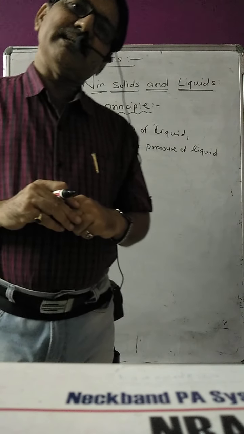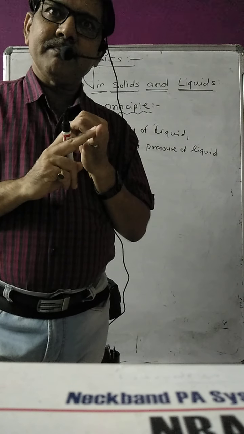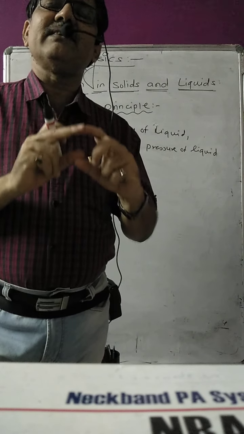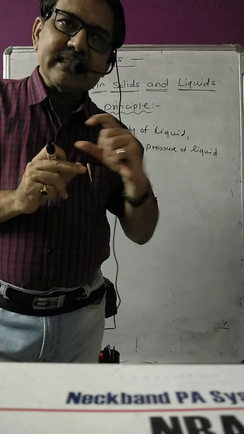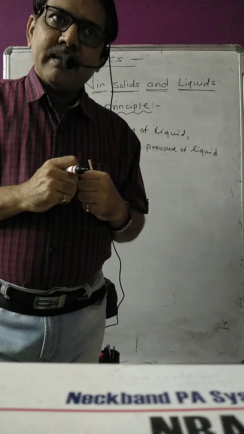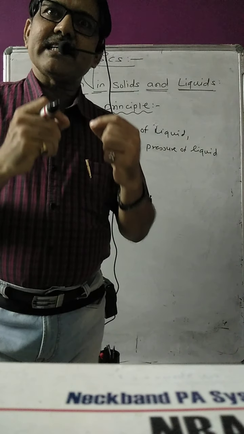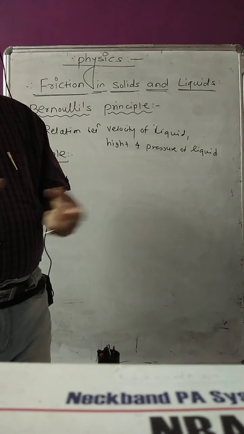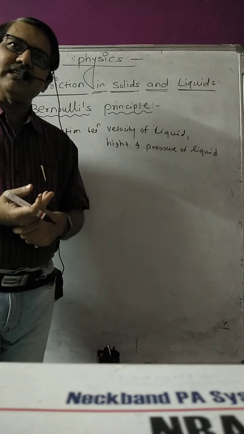Not only that, but he said the sum of velocity head, potential head and pressure head also remains constant. This is his second statement. The third statement is that kinetic energy per unit mass plus potential energy per unit mass plus pressure energy per unit mass will always remain constant. This is the third statement given by Bernoulli.